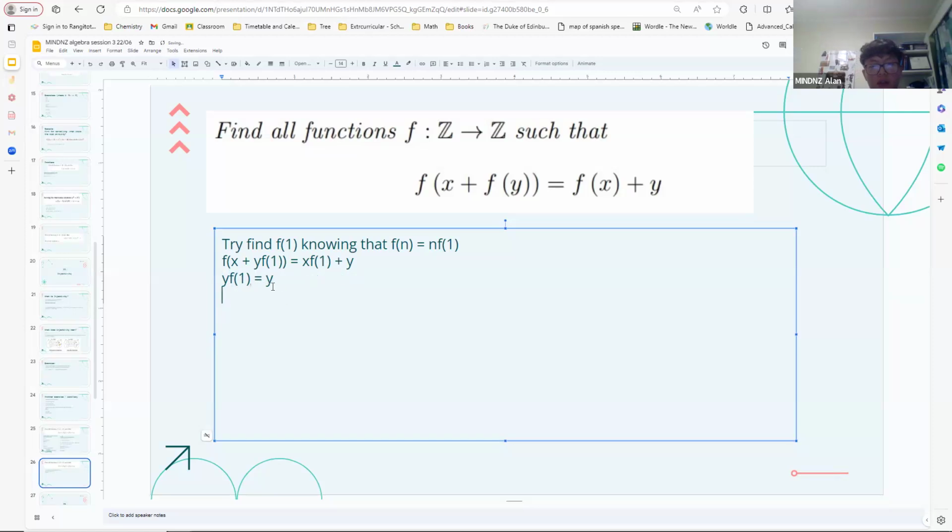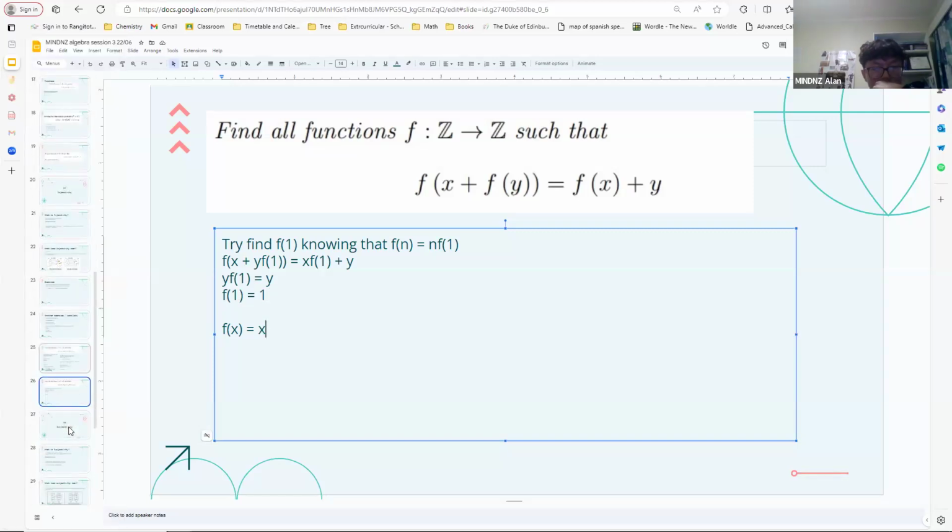So what is f of 1? F of 1 is just simply 1, right? So now we know that f of x equals x. Does everyone understand? This problem is quite complex.